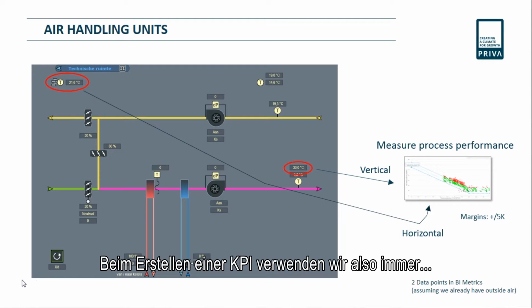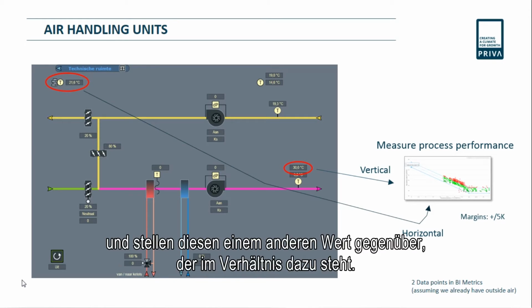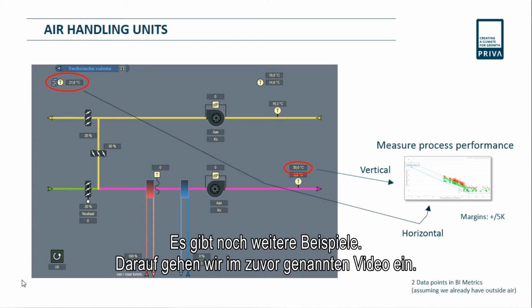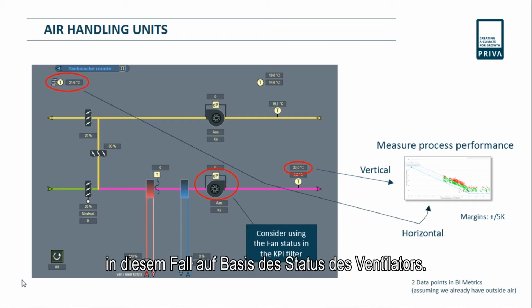So as you can see, when we create a KPI, we always use the main value which comes out of the process and put that against another value which is related to that main value of the process. Now there are some other examples which we will show you in the other video that I just talked about. And again here we can also put the fan in this case, but put a filtering and using the fan to do that.